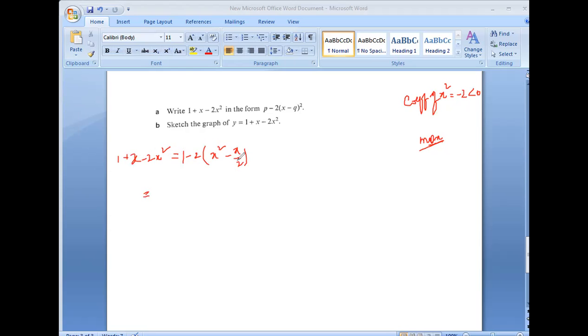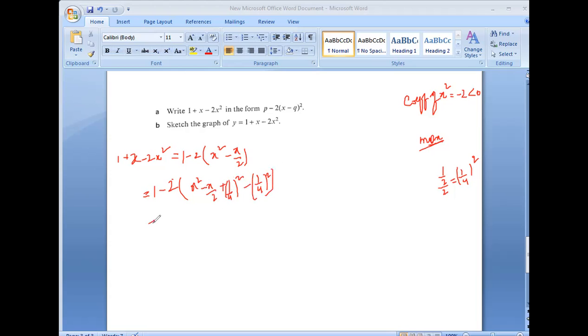Then we add and subtract the square of half of the x coefficient: x by 2, divided by 2 is 1 by 4. So adding and subtracting 1 by 4 whole square.